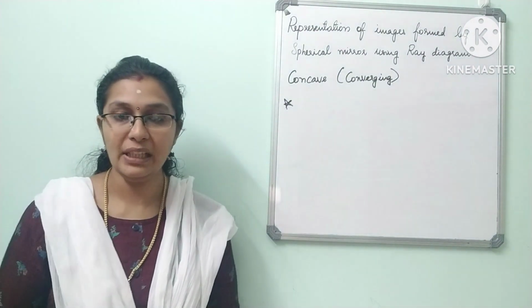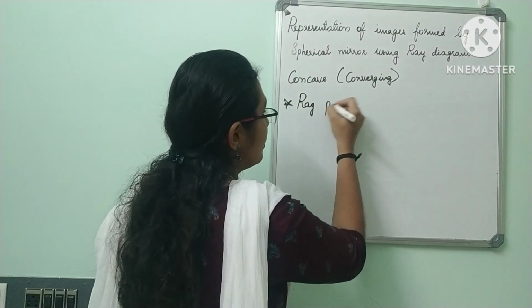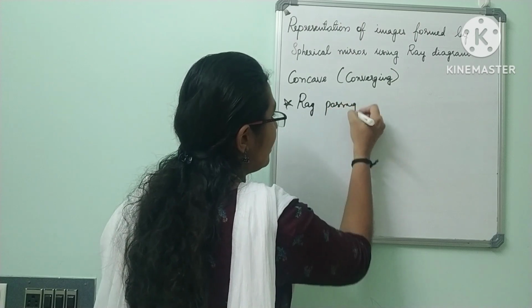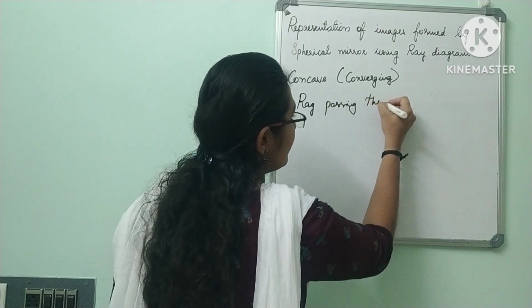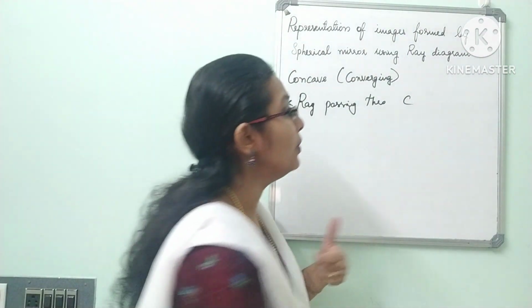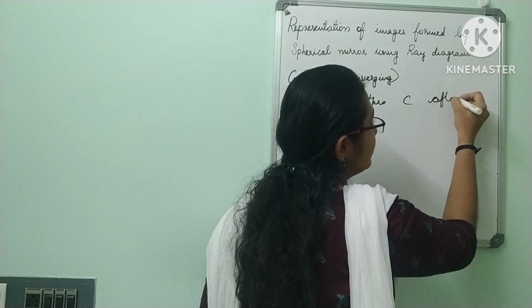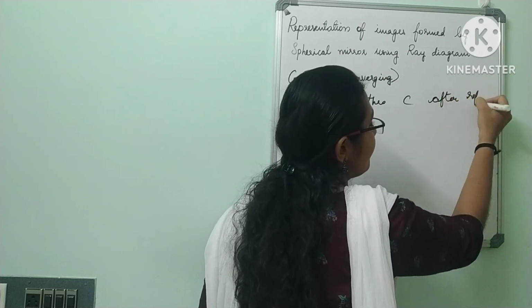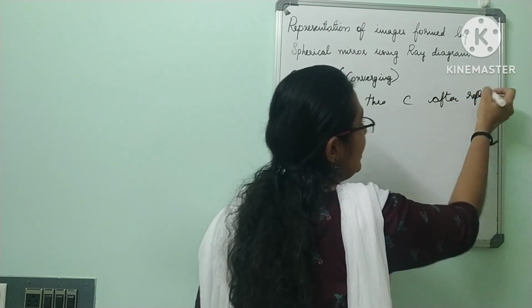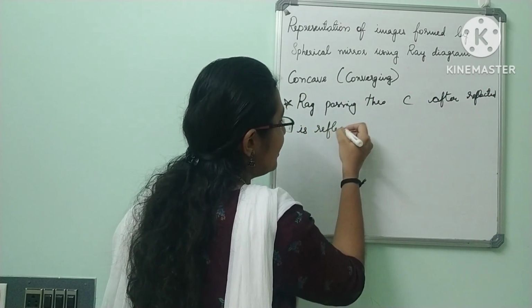The third rule is a ray passing through the center of curvature. I will represent it by C. A ray passing through the center of curvature after reflection is reflected along the same path.